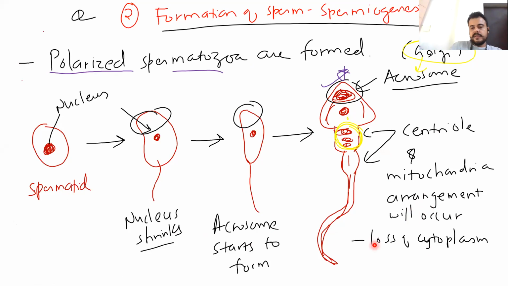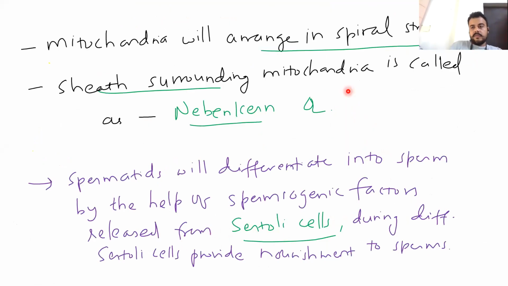There is a rearrangement. Mitochondria will be arranged in spiral shape, and the covering surrounding the mitochondria is termed Nebenkern. In this way differentiation will end, and Sertoli cells will provide nourishment to the sperms.